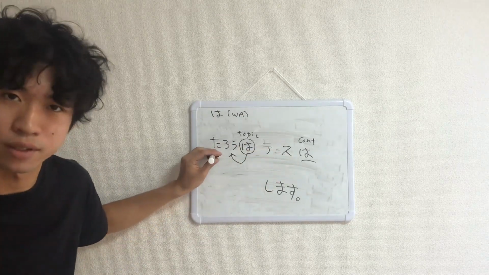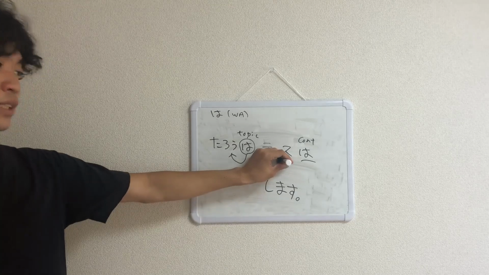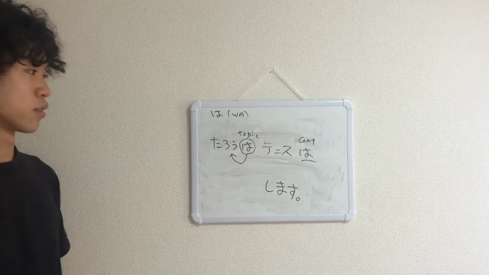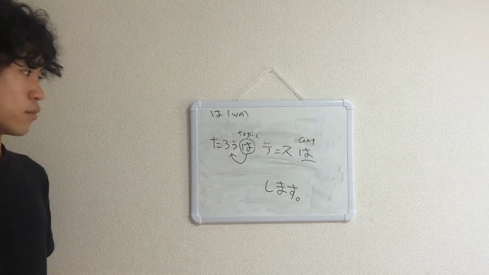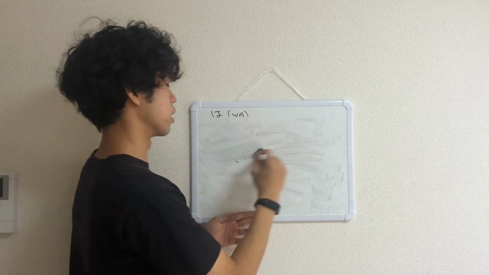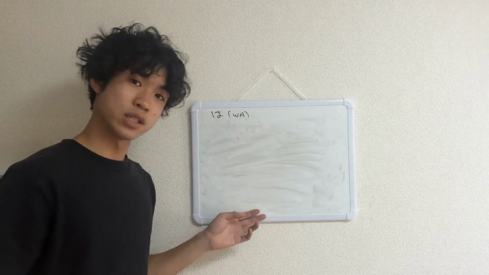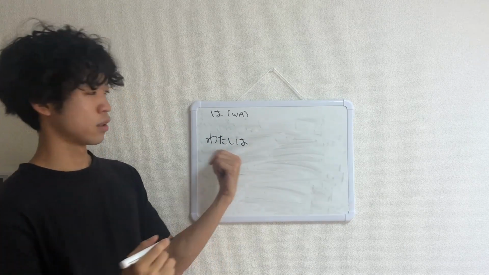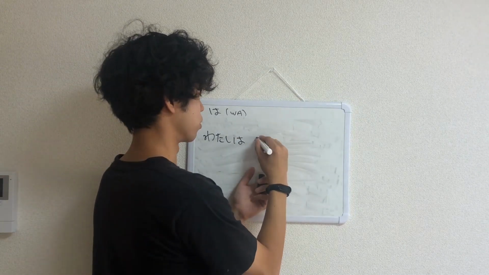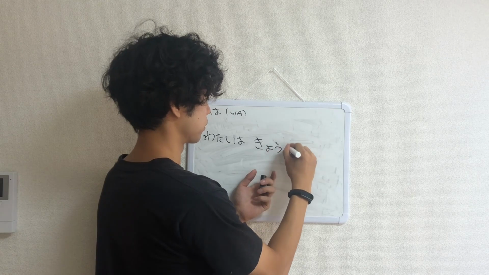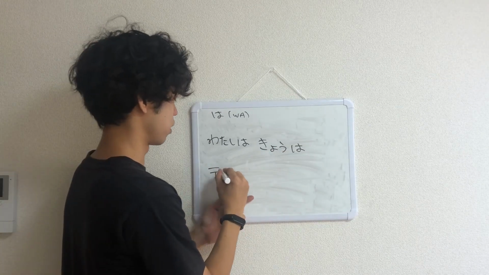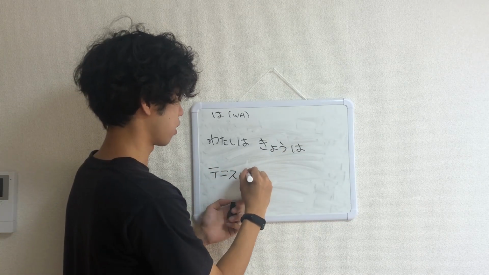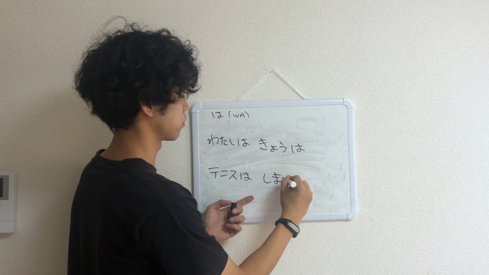Okay, you're talking about Taro. He plays tennis, but no other sports. That's it. If it's a case of 3 wa's in a sentence, 私は今日はテニスはしません.